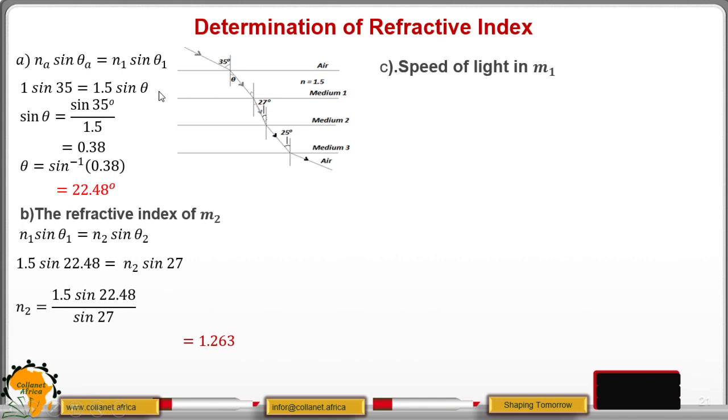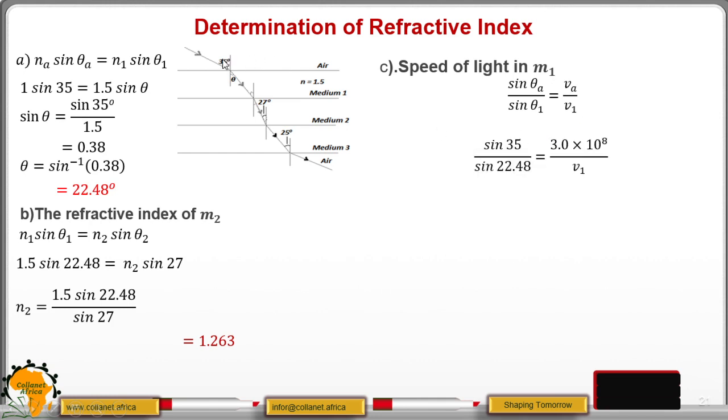Then from there, we proceed to question number C, where you are supposed to get the speed of light in medium 1. Now, we know this relationship that sine theta A over sine theta 1 is equal to VA over V1, where VA is the velocity of light in air and V1 is the velocity of light in medium 1.